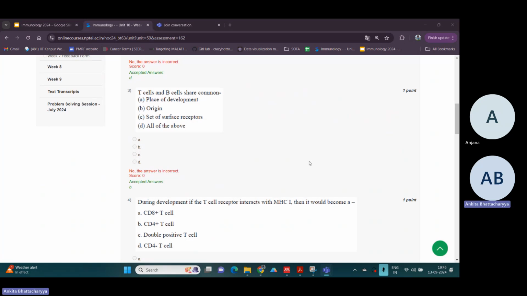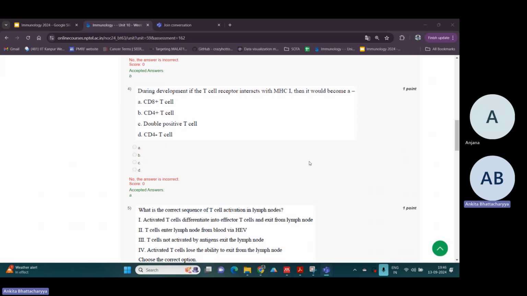Then coming to question 4. During development, if the T cell receptor interacts with MHC1, then it would become a dash. So you are saying that if TCR is interacting with MHC1 versus MHC2, what do you expect to be the difference in the downstream effect?